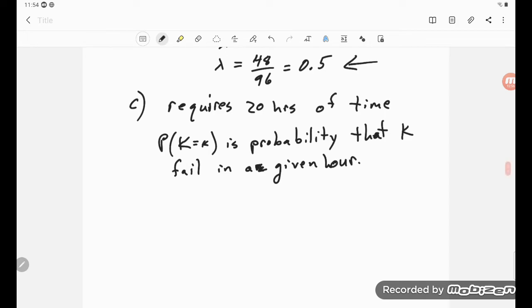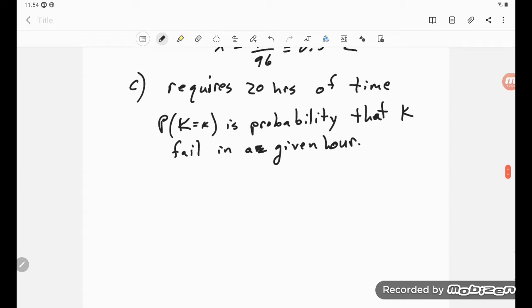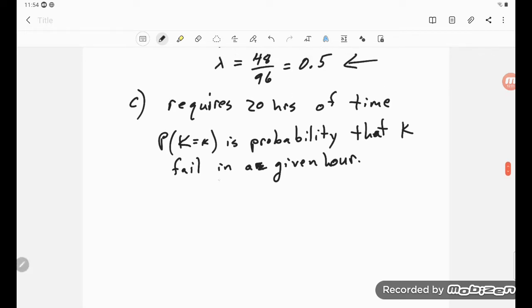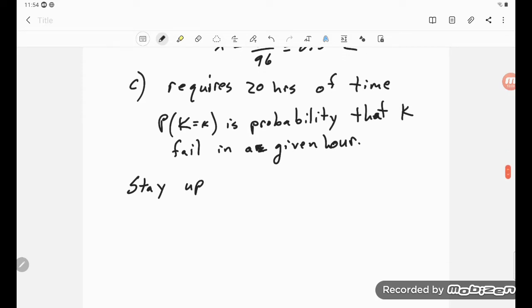Now, if we view those as independent, then to stay up, in other words, don't have the whole thing fail, we would need 0 fail in 20 hours, or exactly 1 fails in 20 hours.